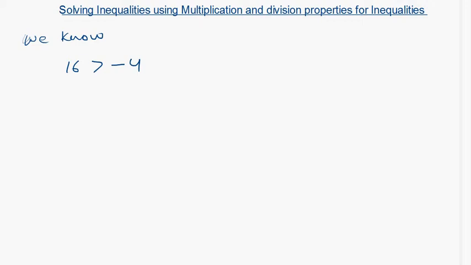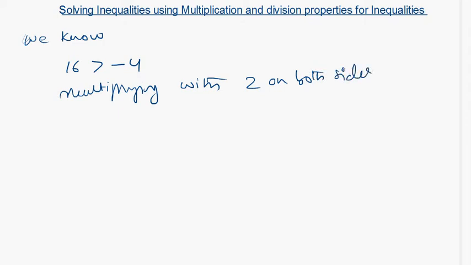Let us see what happens if we multiply this with a positive number, say 2, on both sides. 16 times 2 is greater than negative 4 times 2. 32 is greater than negative 8, which is true.